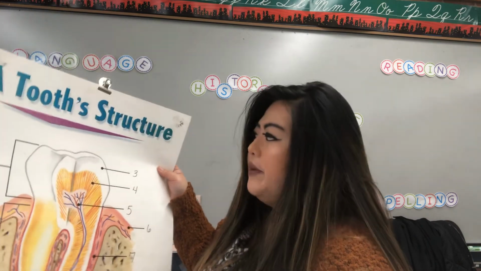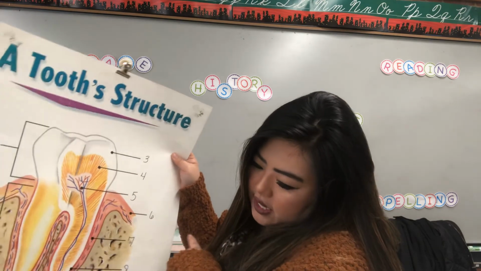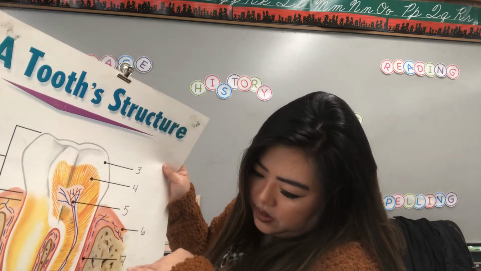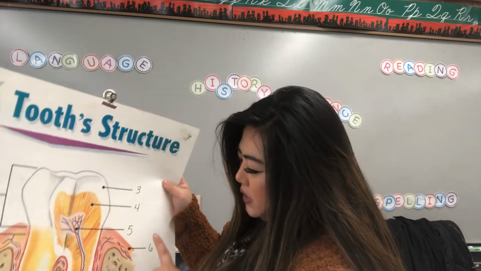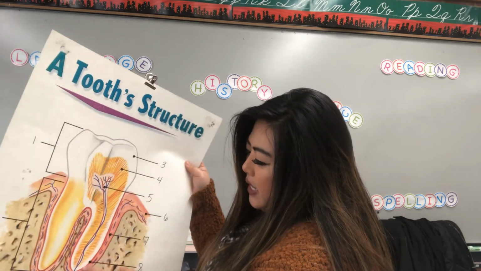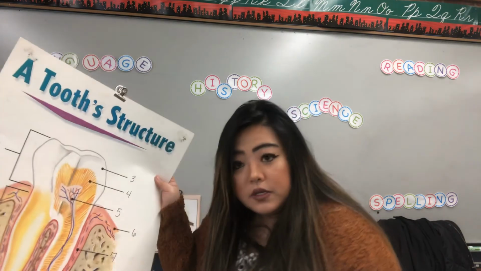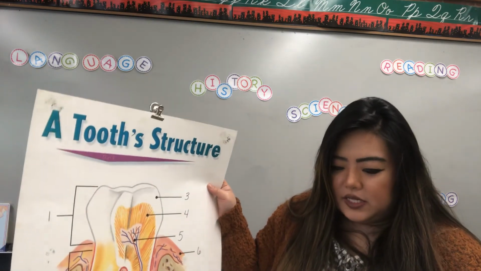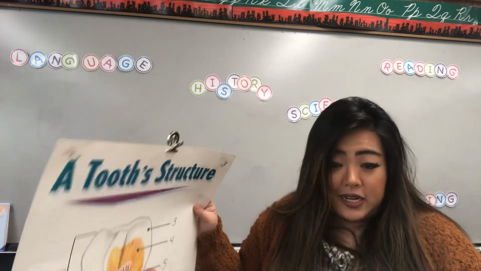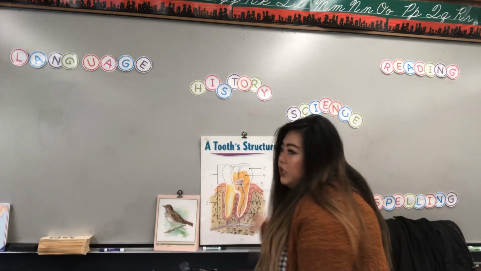On the right side, the first one is this part, the outside. The second one underneath it is this one. And then the third one is talking about this part that separates the root from the jawbone. I know that's tricky to tell because it just looks like a bunch of layers and it's not colored, so that's why I was trying to help you. Do your best, and I hope you do well in your quiz.